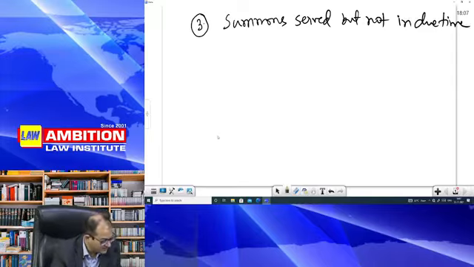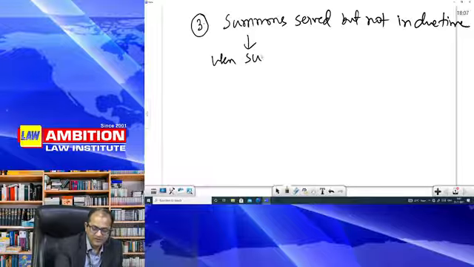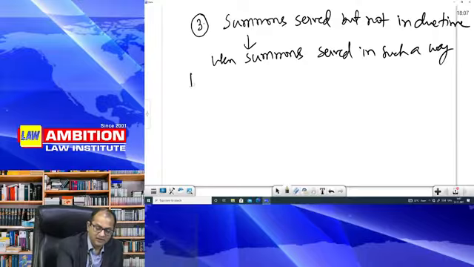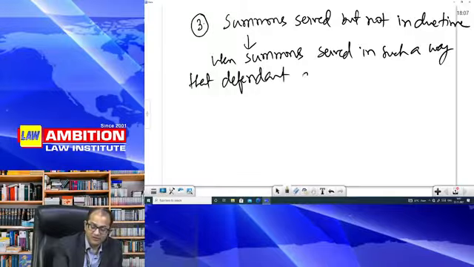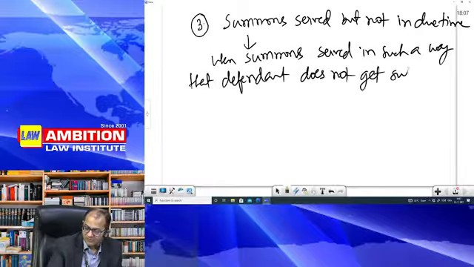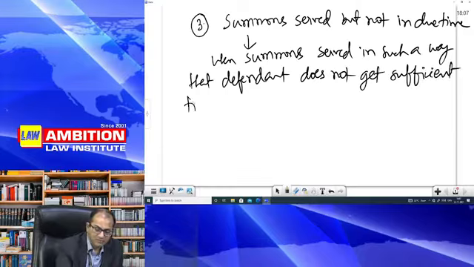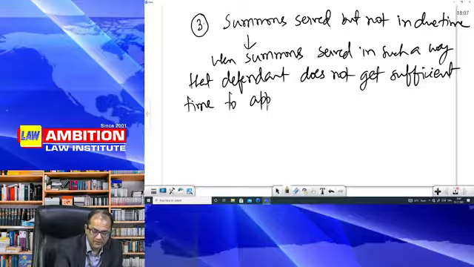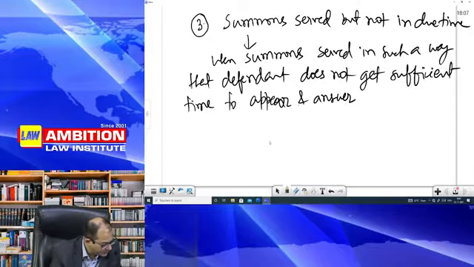So what it says: if it is proved that the summons was served on the defendant but not in sufficient time, when summons has been served in such a way that the defendant does not get sufficient time to appear and answer on the day fixed, then the court shall postpone the hearing.